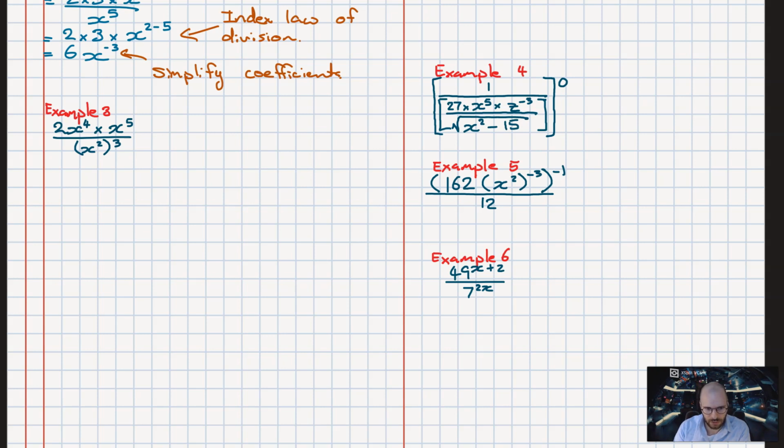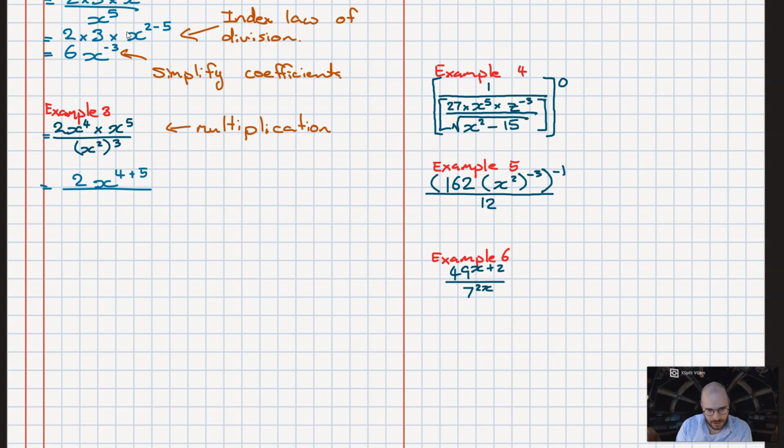So the first thing we're going to deal with is the multiplication of common bases. So we'll bring that down and we'll go 2, then the common base of x, and it's going to be 4 plus 5, like so. Then down in the denominator we have an x squared inside brackets with the 3 outside. So these sort of questions here, we have to do it as piecework.